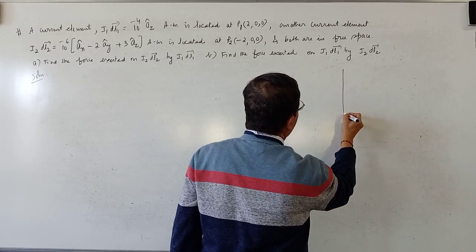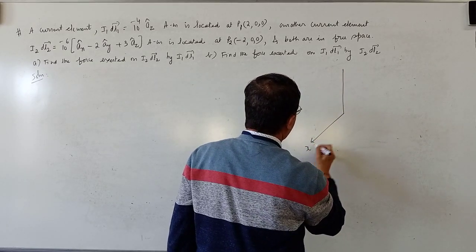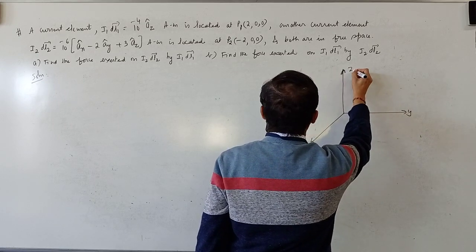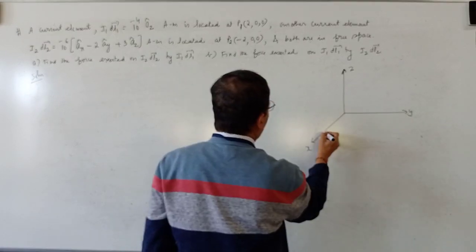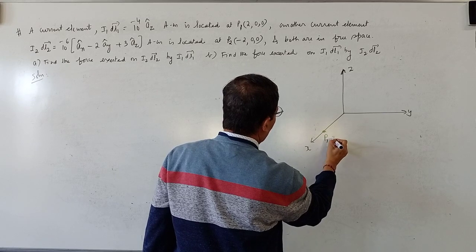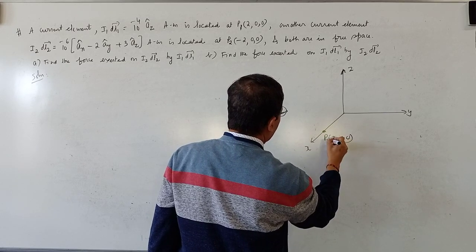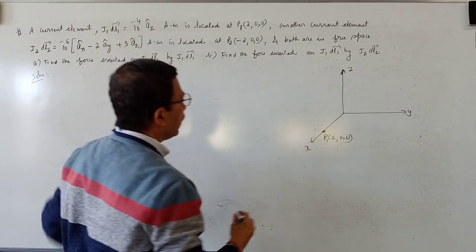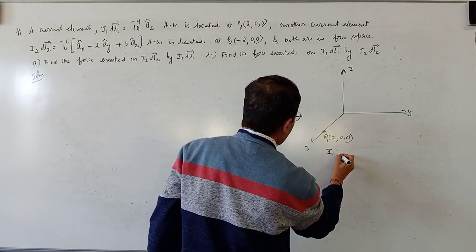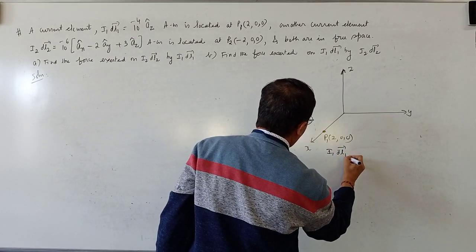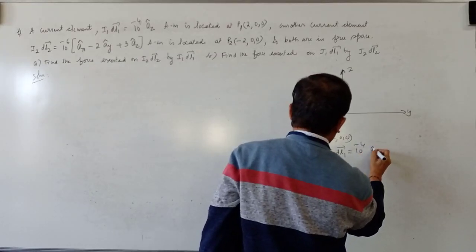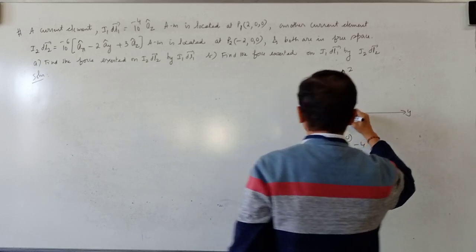Let me take the Cartesian coordinate system. This is x-axis, this is y-axis, this is z-axis. This is point P1. P1 is (2, 0, 0), where the current element I1 vector dl1 is present. What is the current element? I1 vector dl1 is equal to 10 to the power minus 4 az cap.